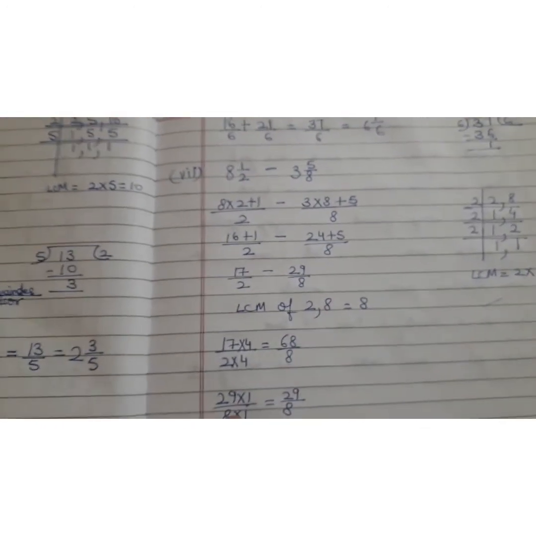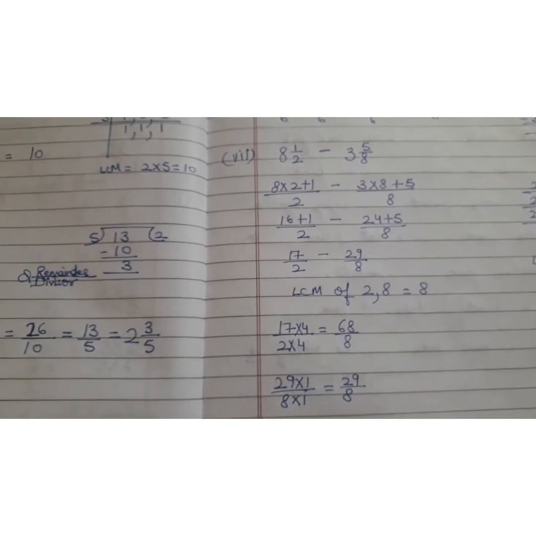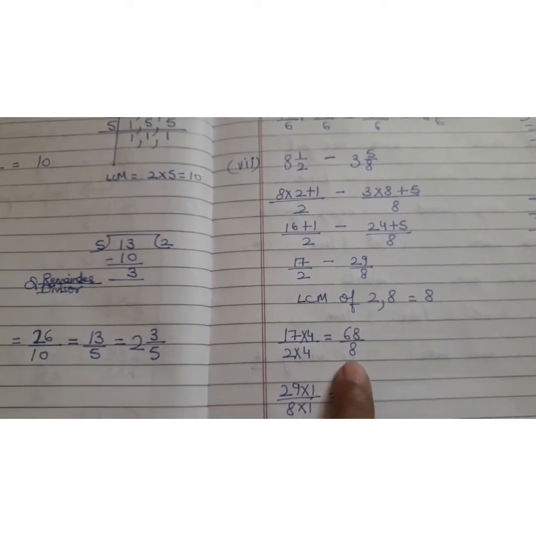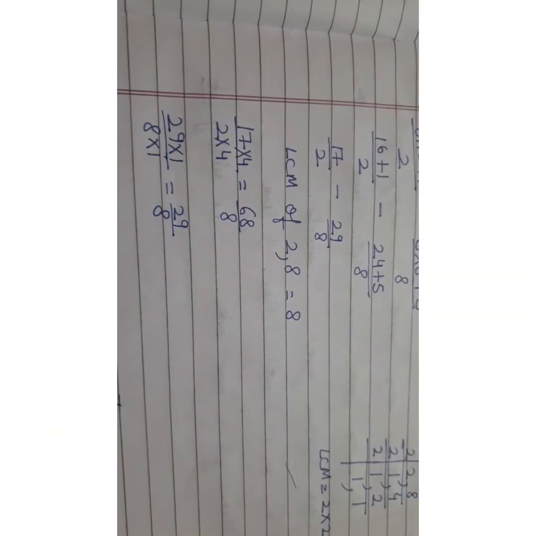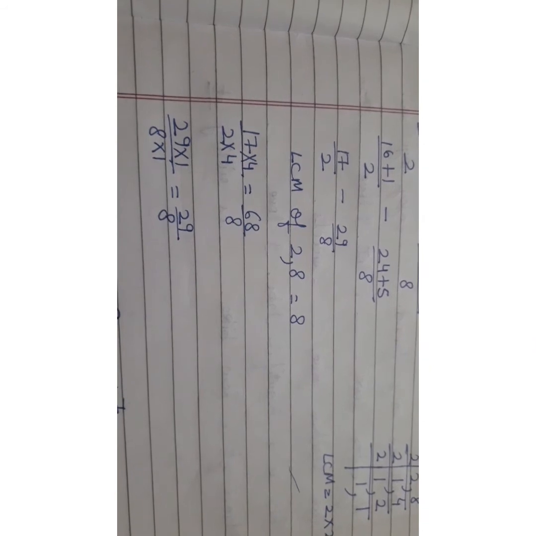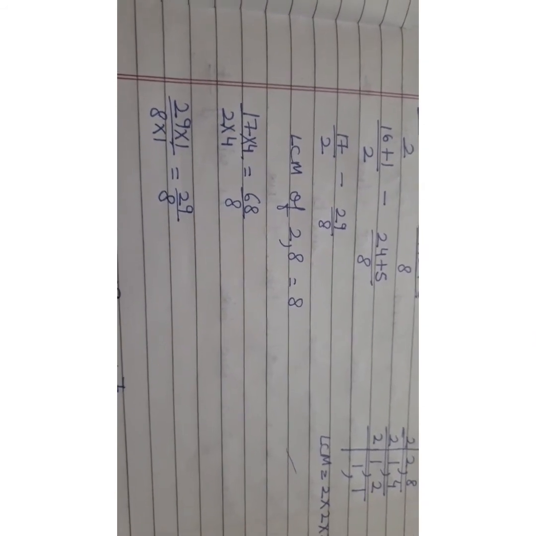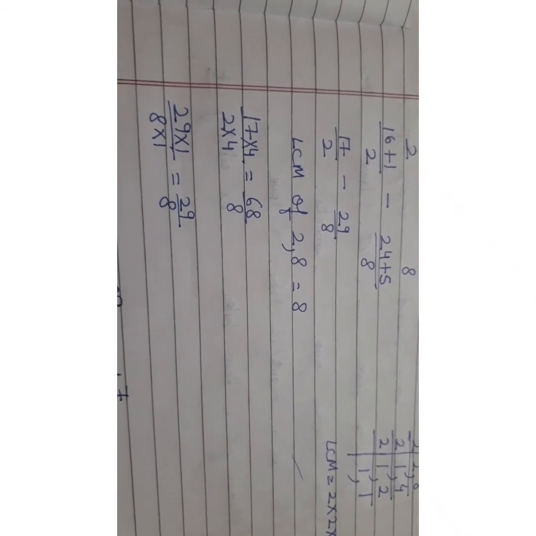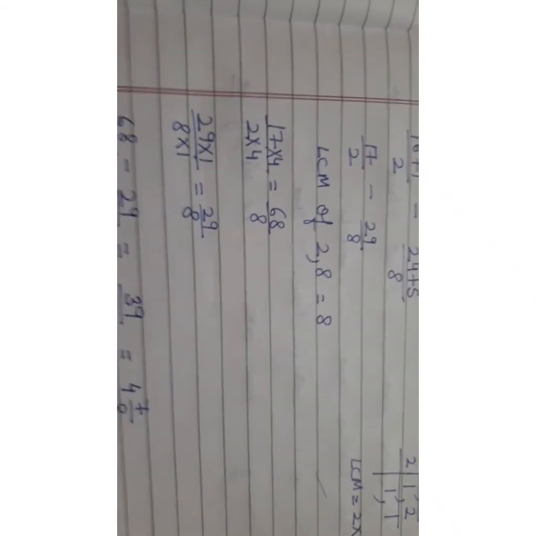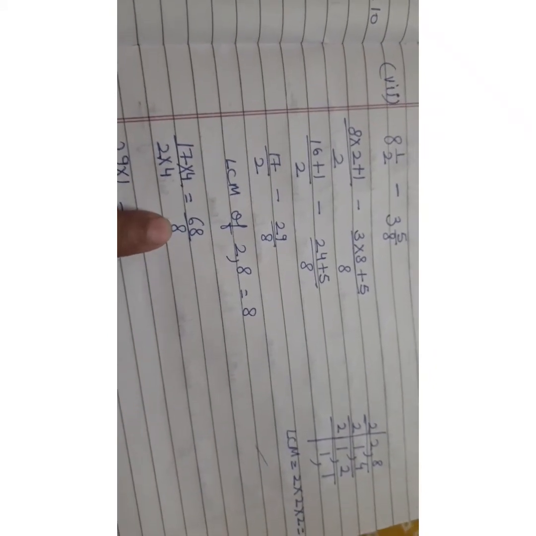And take the fractions one by one. 17 by 2, 29 by 8. Make it equivalent to the LCM number 8. After taking the LCM of 2 and 8, that is 8, take the first fraction 17 by 2, make it equivalent to the LCM number 8.